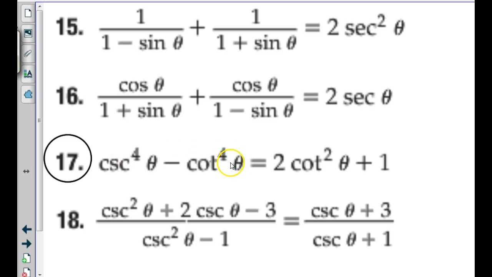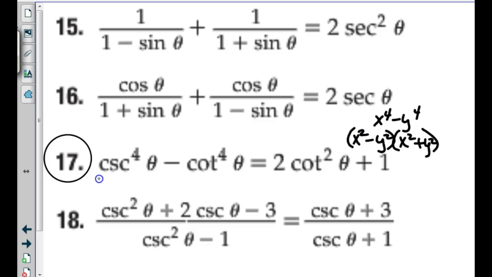Guys? If you have an x to the 4th minus y to the 4th, how does that factor? X squared minus y squared times x squared plus y squared. And this one factors again if you need it to, right?